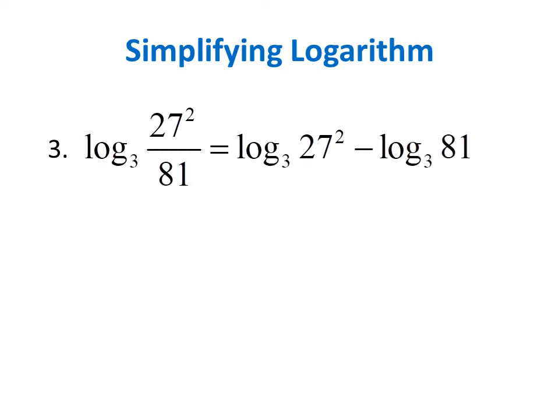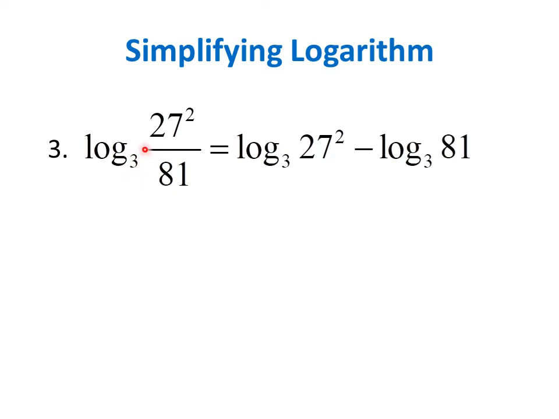Next problem. Let's say we have log to the base 3 of 27 squared divided by 81. So since in the argument we have a division, we can expand this single term into two terms. So we can separate 27 squared and 81, but we have to use the same base 3.